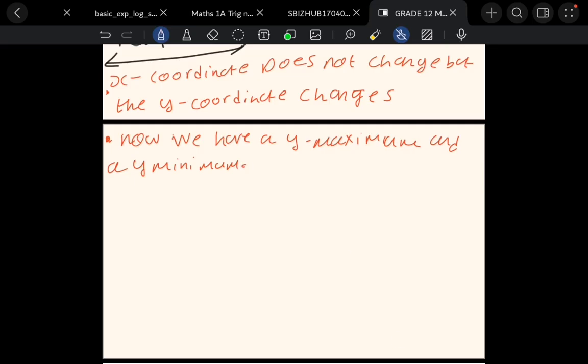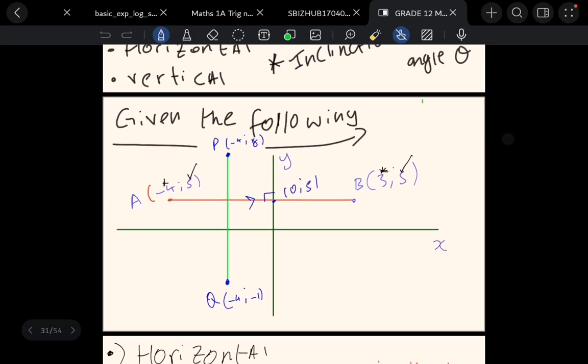How can you see a y maximum? A y maximum is the topmost y-coordinate. So which topmost y-coordinate do you have? It's going to be P, which is 8, right? And your minimum is going to be the bottom y-coordinate, which is going to be negative 1, right?